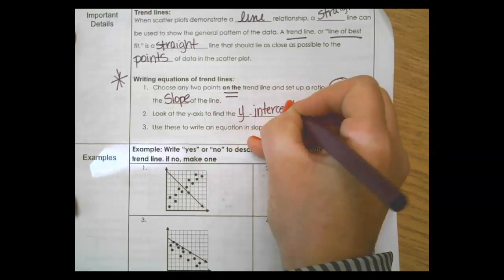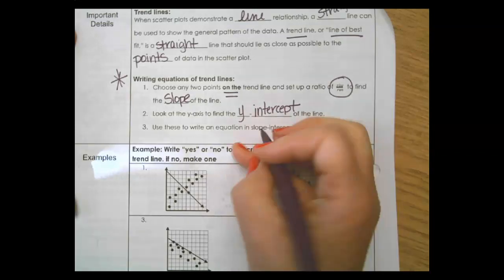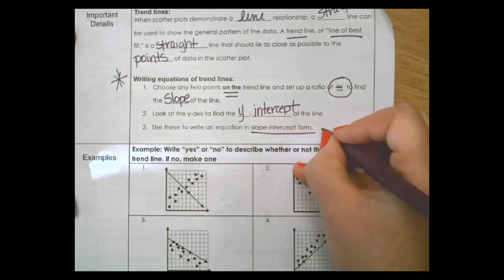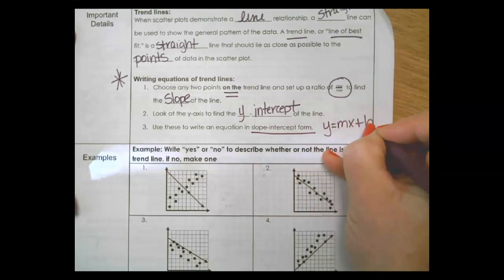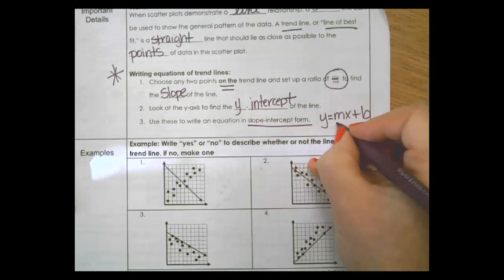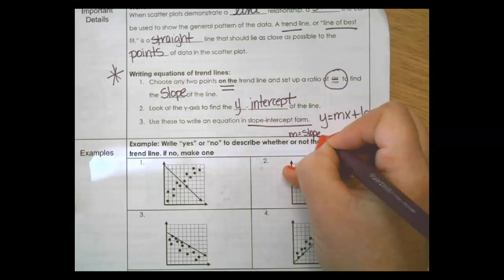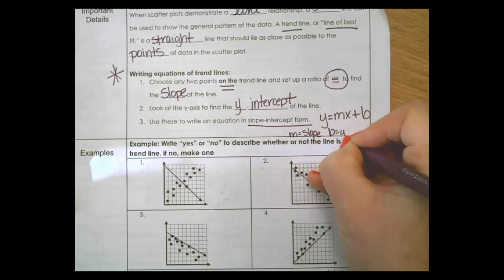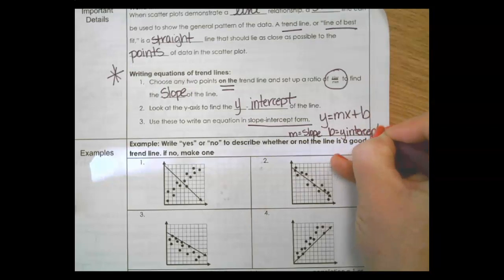We should be professionals. That should be second nature, like 1 + 1. Use these to write an equation in slope-intercept form. That is y equals mx plus b. Slope is m. Again, I shouldn't have to write this. You should know this second nature.